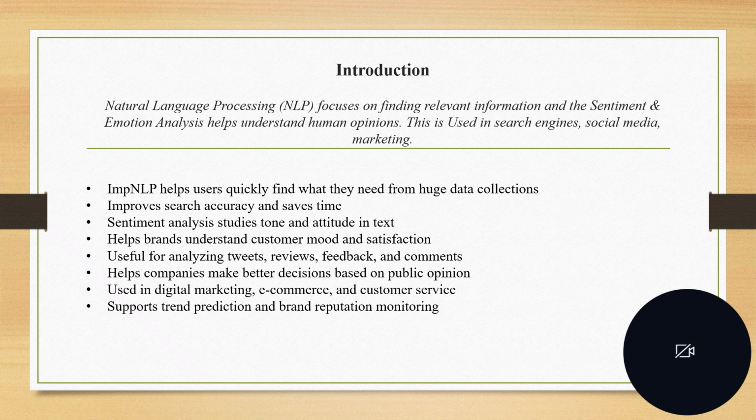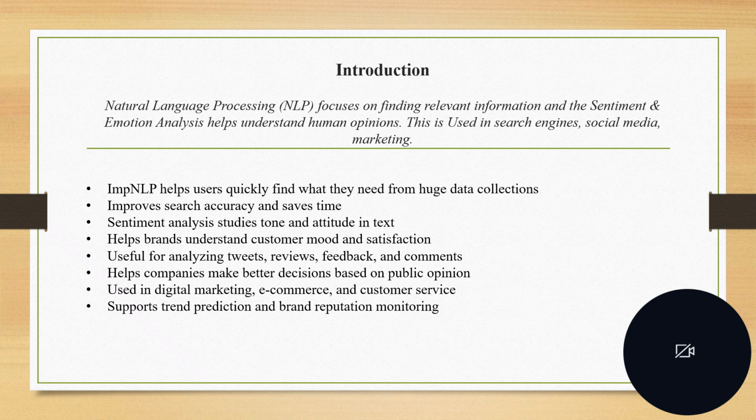Within NLP, one major area is sentiment and emotional analysis, which doesn't just understand the words, it tries to understand how the person feels. This is important because modern communication isn't just about information, it's about emotions, opinions, and reactions. NLP helps machines grasp these feelings and interact more naturally, almost like humans do.